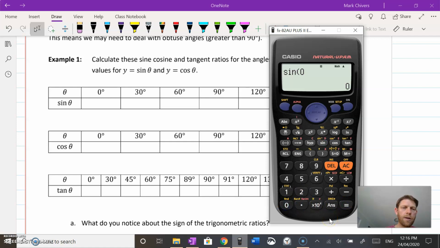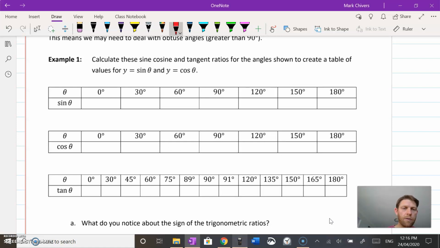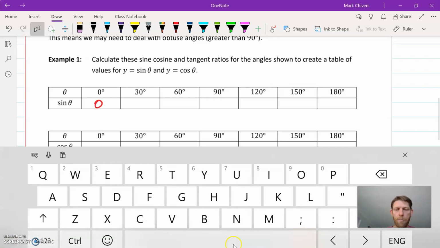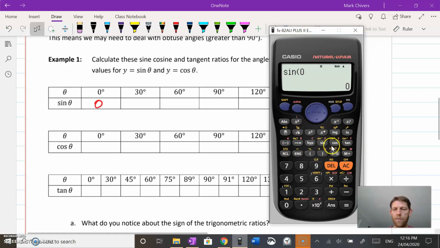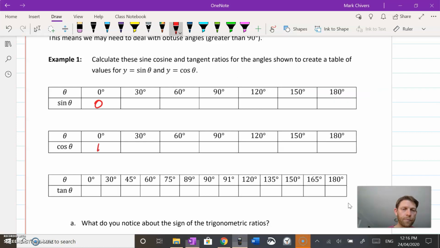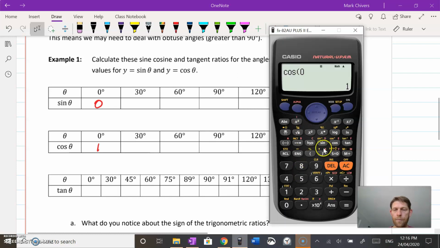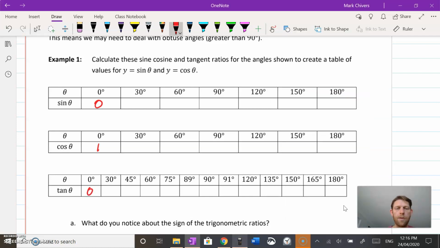And so we know that sine of 0 degrees is 0, but cos of 0 degrees is going to be a little bit different. It's going to be 1. And then we could look at tan of 0 degrees as well, and that's going to be 0 as well. And then just go through and fill out this table just like that.